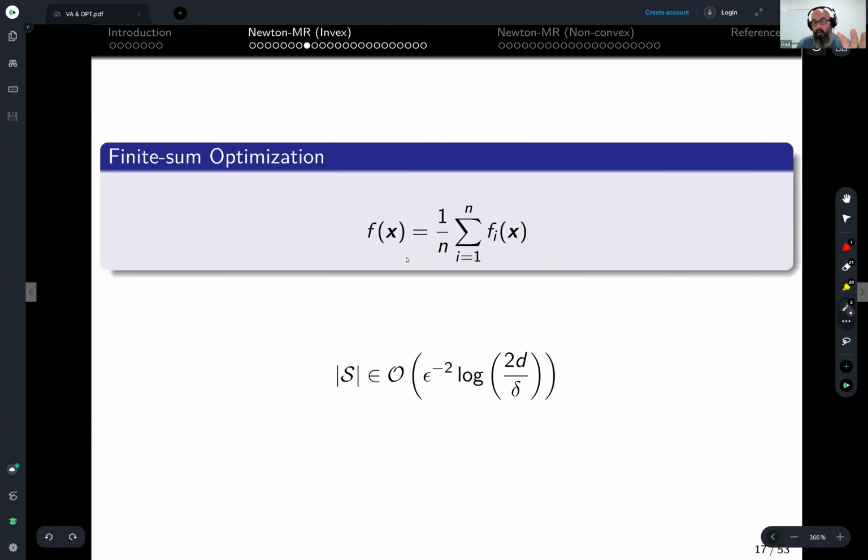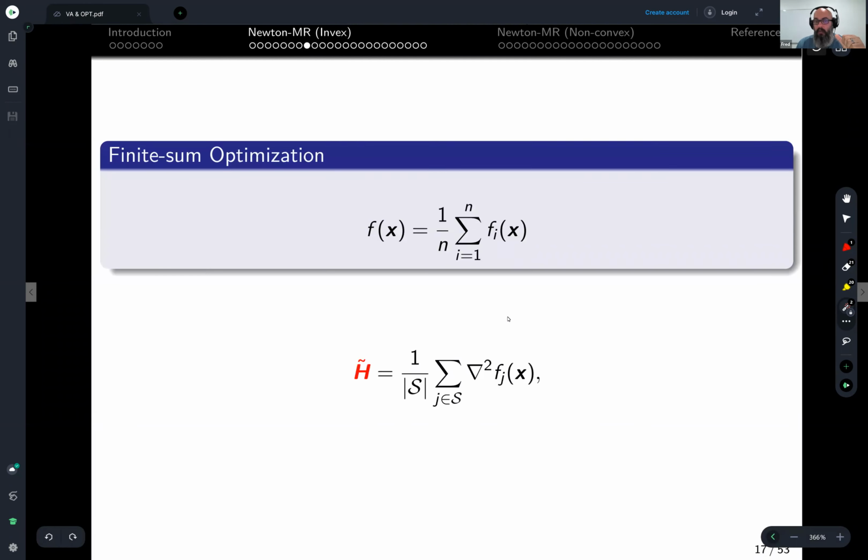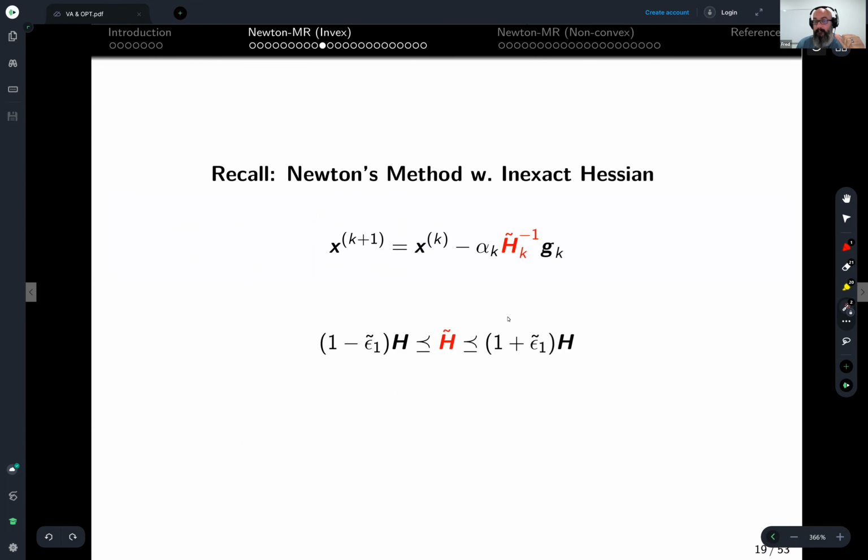Because when your Hessian is positive definite and you end up having an H tilde that in spectral norm stays within an epsilon of the true Hessian, as a result of H being positive definite, you actually end up getting a statement that says the eigenvalues of the approximate Hessian are also within an epsilon of the eigenvalues of the true Hessian. So we have this spectral approximation.